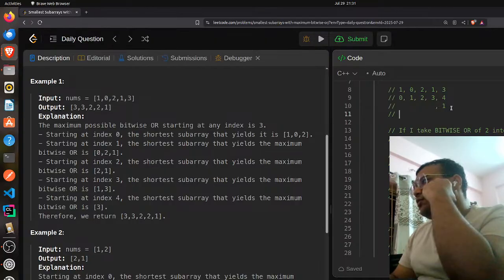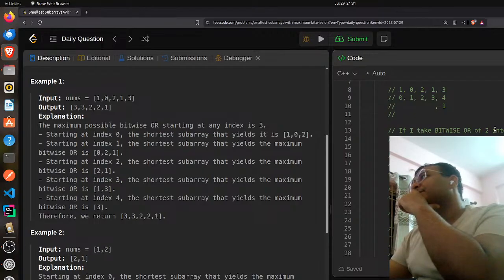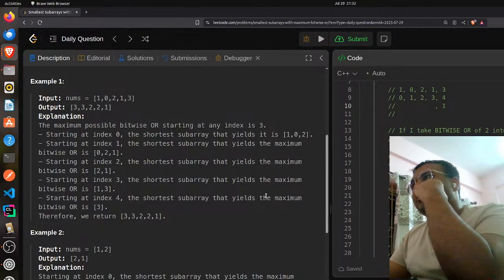Okay, so how do we proceed? What is the absolute brute force?